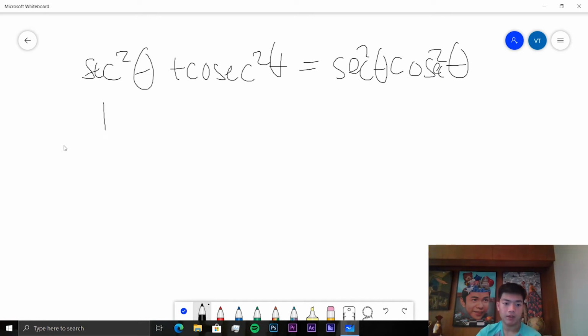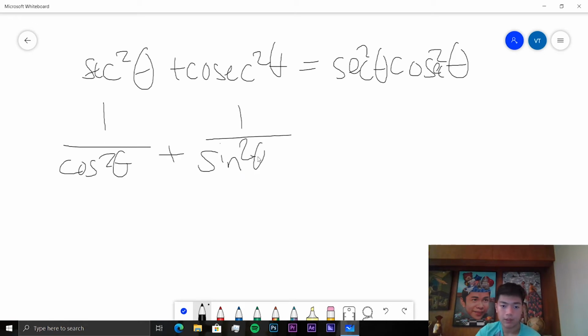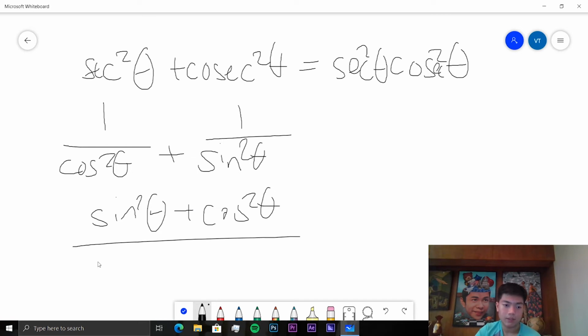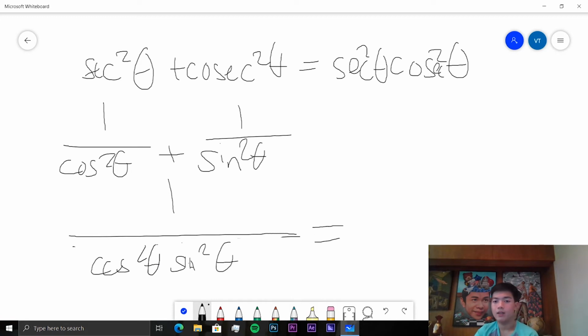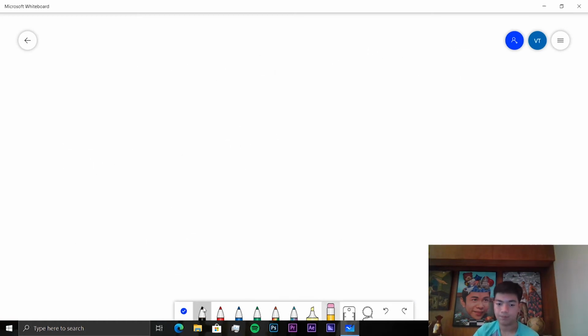So we have 1 over cosine squared theta plus 1 over sine squared theta. So we have, oh, okay, of course, so it's just sine squared theta plus cosine squared theta over cosine squared theta sine squared theta. But since we know sine squared theta plus cosine squared theta is equal to 1, it's simply equal to 1 over cosine squared theta sine squared theta, which is equal to sec squared theta times cosecant squared theta. So that was pretty much it.